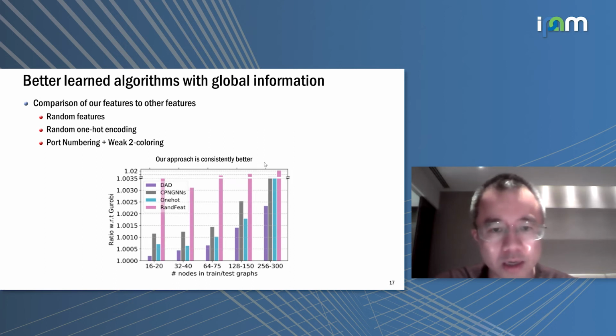It's much better than other approaches people have thought about before for augmenting the graph structure, including one-hot vector augmentation and random feature augmentation. This global information-based approach augments the graph and allows you to learn a graph algorithm with a much, much better approximation ratio.